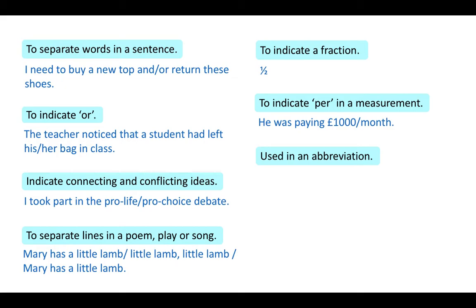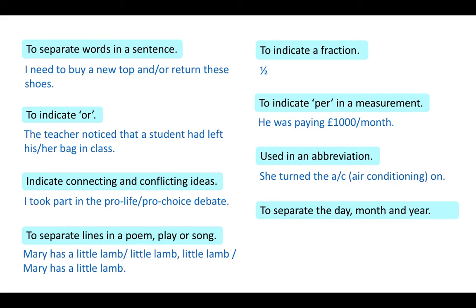A slash used in an abbreviation is, she turned the A/C on. A/C is the abbreviation for air conditioning. An example of the slash used to separate the day, month and year is 13/5/2019.